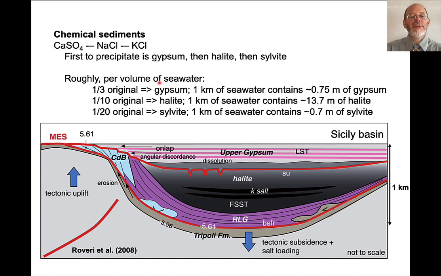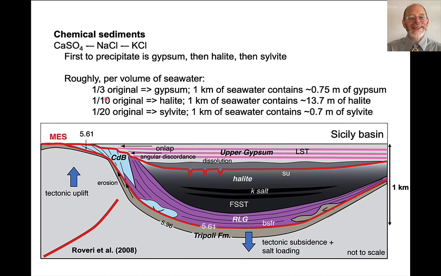Now, if we take some volume of seawater, let's imagine we have a kilometer of seawater, and we evaporate it down to about 1/3 of its original volume, gypsum will saturate. And if we evaporated all of the seawater, we'd end up with about 3/4 of a meter of gypsum.